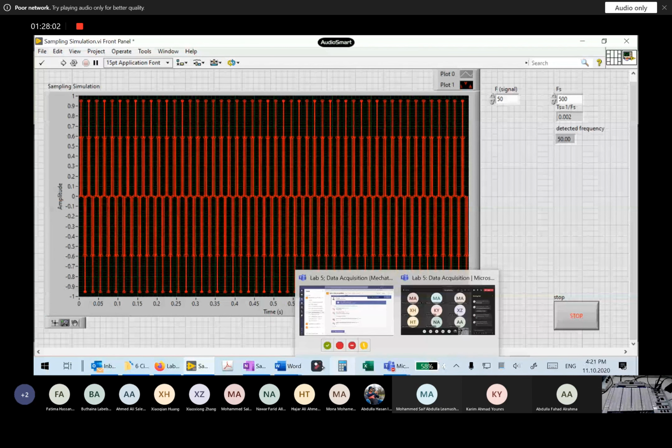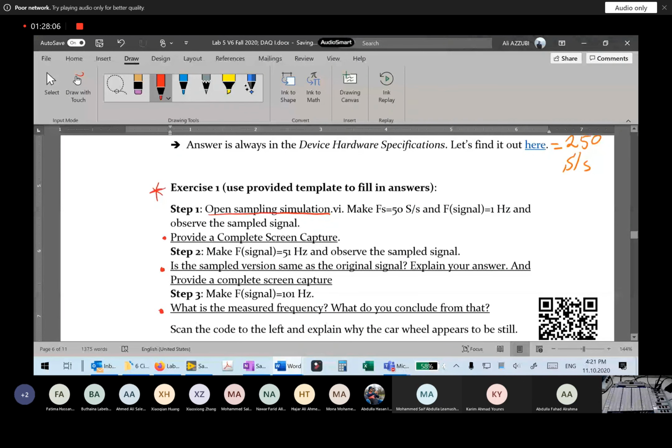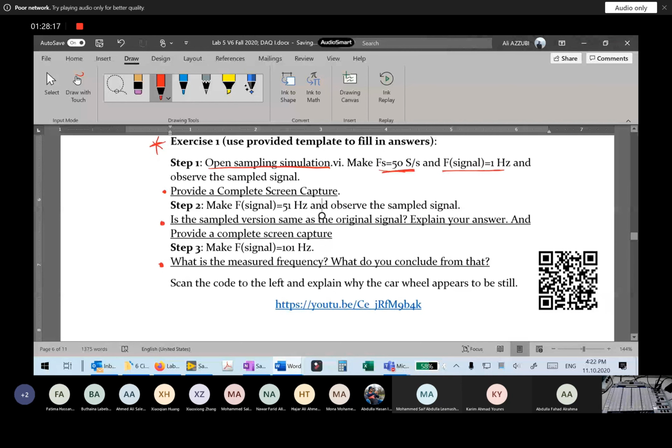Okay, sure. So what you need to answer in the template is make fs 50 Hertz and the signal as 1 Hertz and provide a capture for this. This is easy. Make the signal 51 Hertz. Now answer this, is the sampled version same as the original? Let's try this.